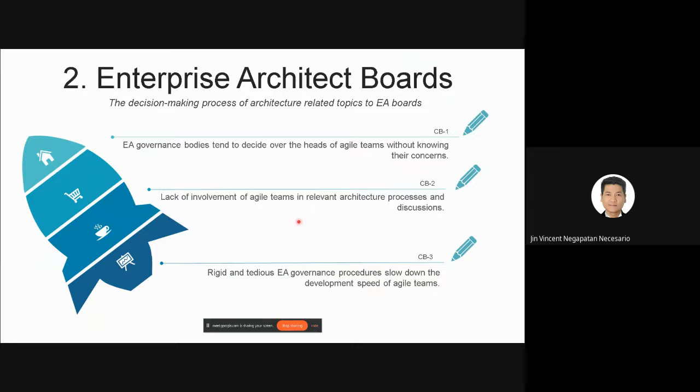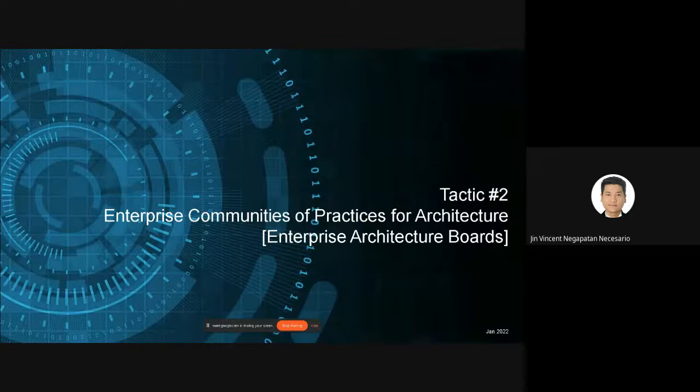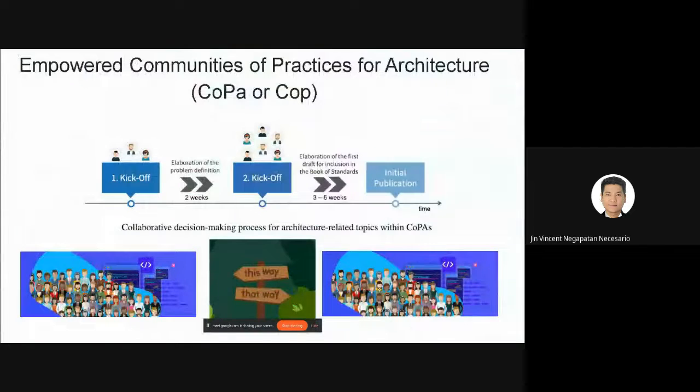So there is a lack of involvement of agile teams in relevant architecture processes and discussions. And the last one is that the tedious EA governance procedure slows down the development speed of the agile team. So the solution or tactic that they have used is enterprise communities of practice for architecture.